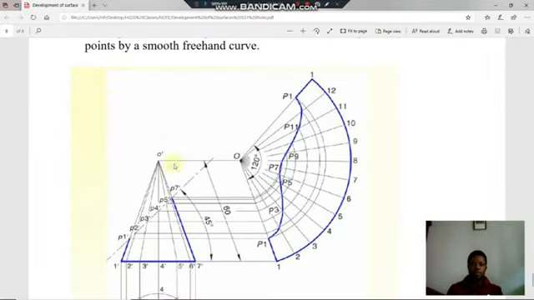Yes, this point was transferred to this, okay, and a parallel line to this line from this point to this point, okay, and then you have this process, the same thing as what we did.